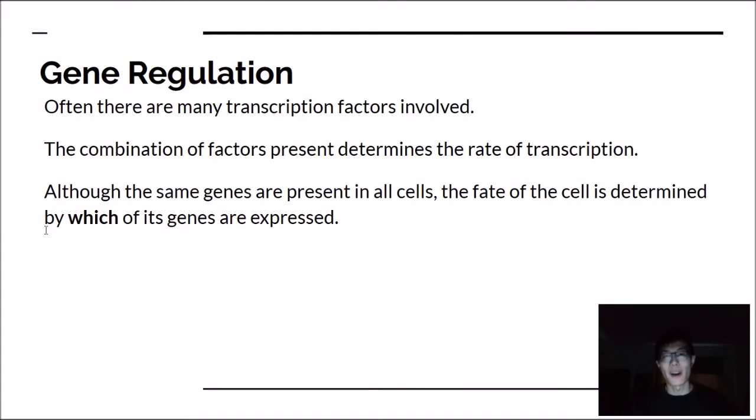Of course, there are often other things that are involved in the complex, and it can get really complicated, but oftentimes the combination of factors present in whatever system we're talking about can help determine rates of transcription. And then although the same genes are present in all cells, the fate of the cell is going to be determined by which of the genes are being expressed.